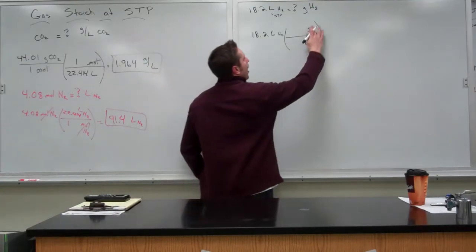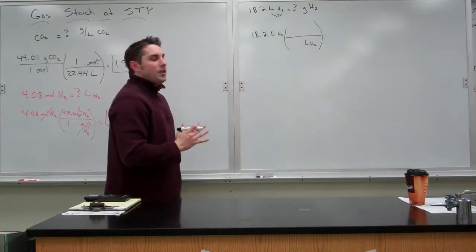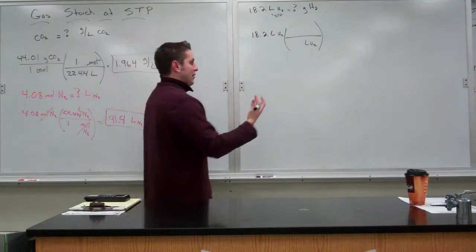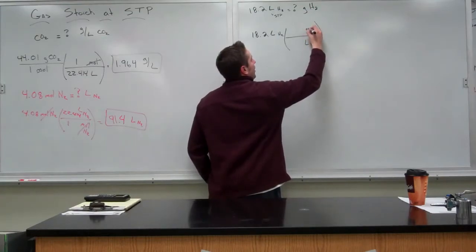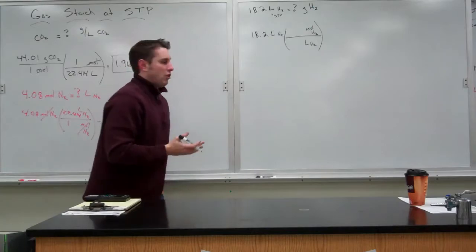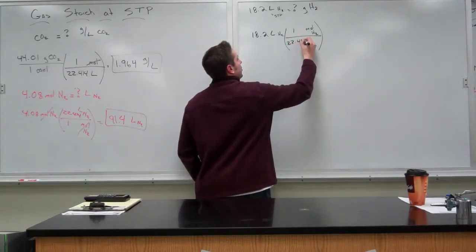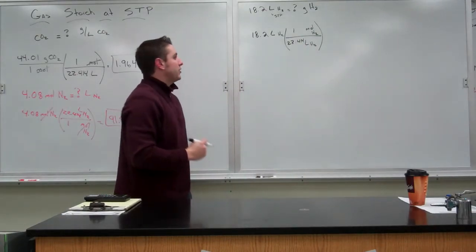So that means that we're not going to be able to do this in one step. You stop and think, what can I relate liters to? And we have been doing it thus far. Liters to moles. And so long as we're at STP, 1 mole has 22.414 liters.